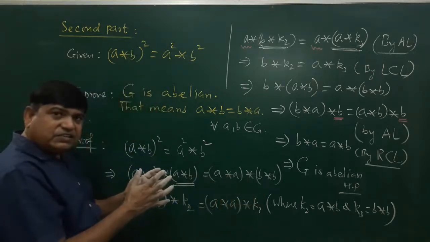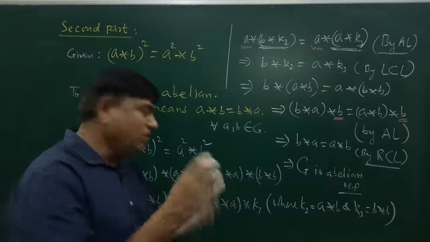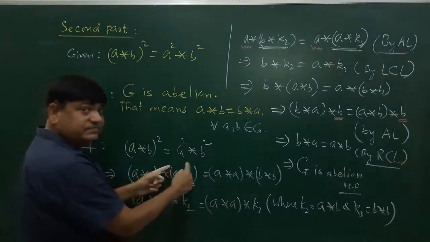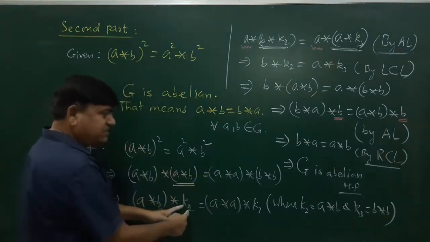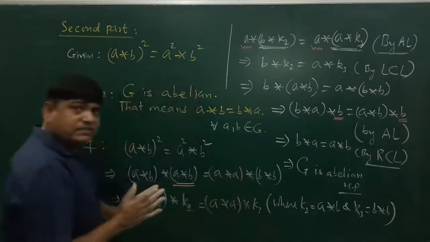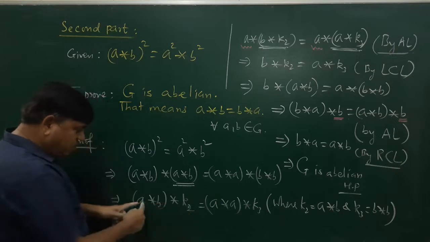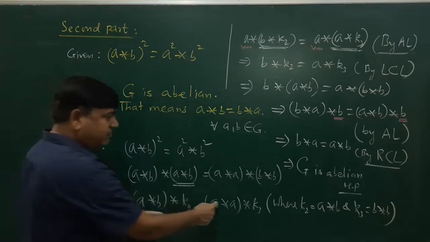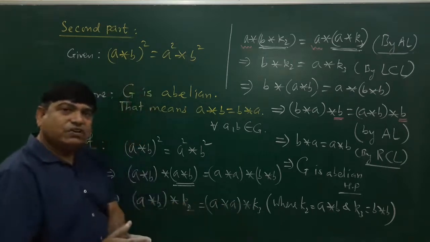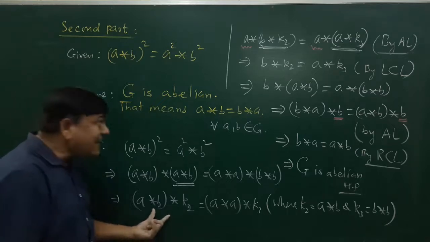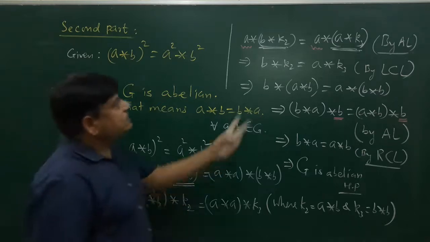More than 3. So how to apply associative law? Let us assume this is a single thing, single unit. Suppose it is K2 and this is K3. As soon as it is assumed as single letter, we found 1, 2 and 3. So we can apply the associative law. Associative law is applied because G is a group.